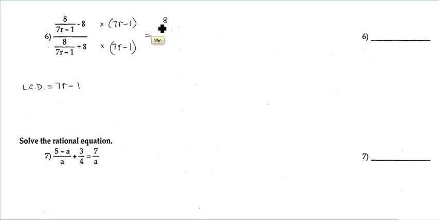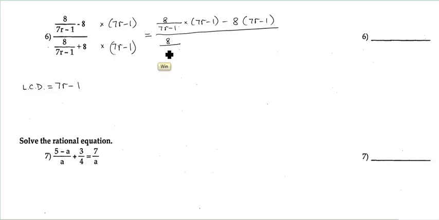We have the 8 over 7R minus 1 times 7R minus 1, and then minus 8 times 7R minus 1. We need a parenthesis. Don't omit that parenthesis. And then the whole thing divided by 8 over 7R minus 1 times 7R minus 1 plus 8 times 7R minus 1.